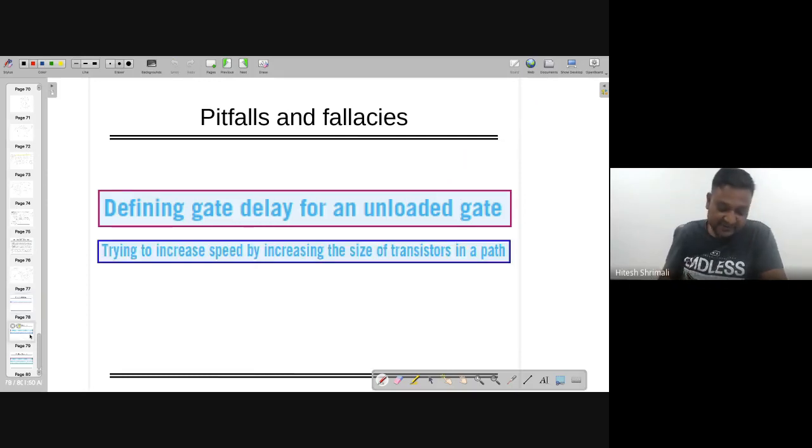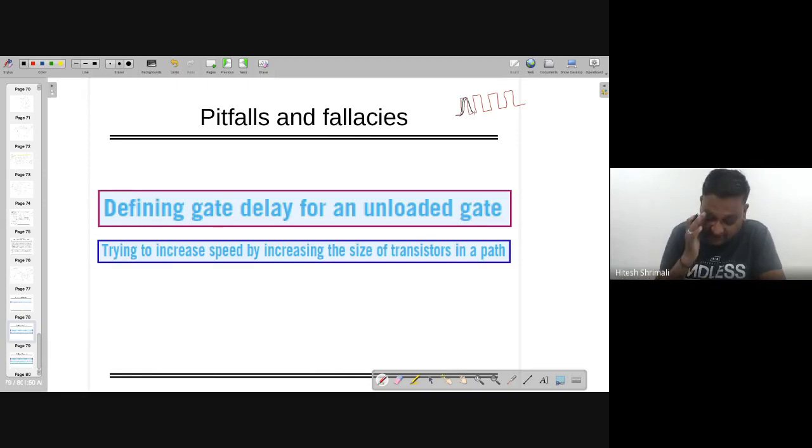Second one is trying to increase speed by increasing the size of the transistor in a path. If I want to make it high speed, we have one experiment we have done on Simica. As we are increasing W, you can see that the speed is getting better and better.